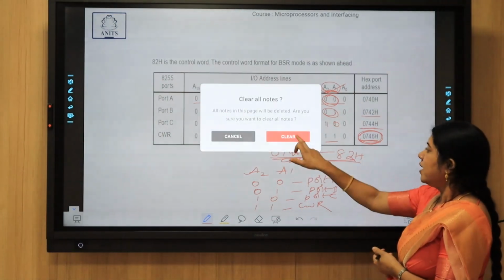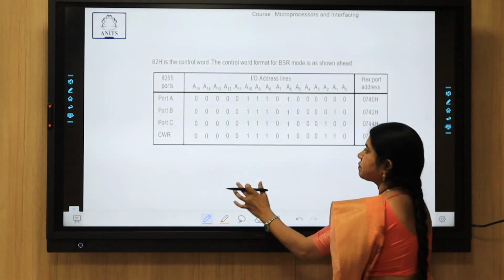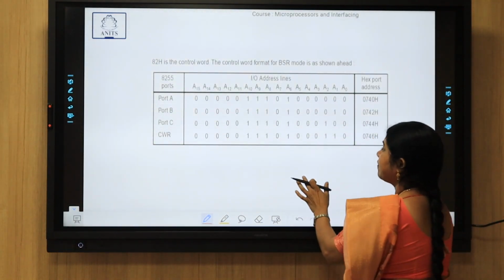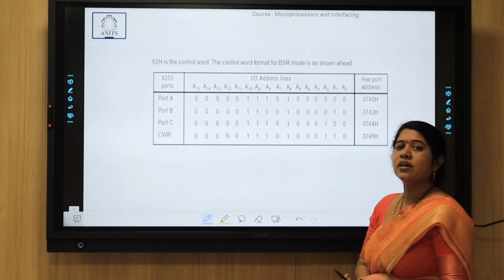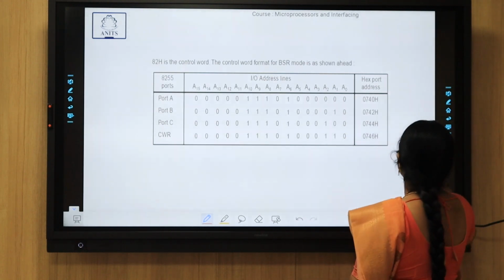Let us see the program to interface this 8255 to the 8086 to which LEDs and switches are connected.